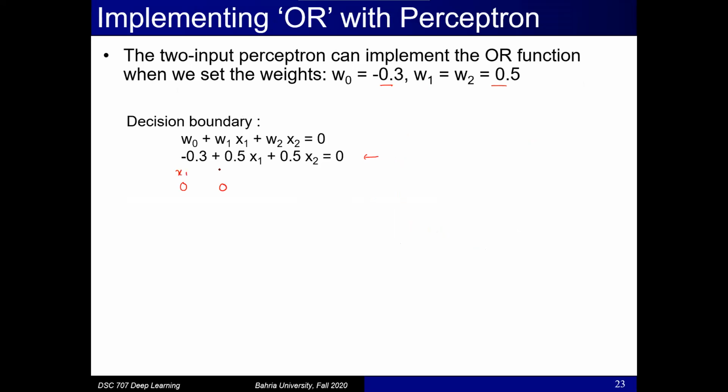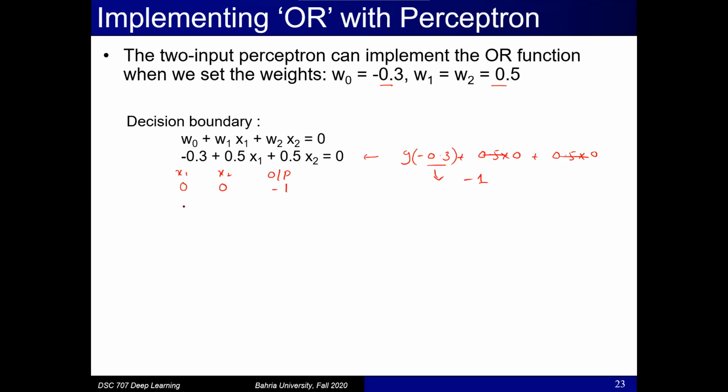So if you plug in x1 and x2 in this expression, what will happen? It will be -0.3 plus 0.5 into 0 plus 0.5 into 0. So this will become 0, this will become 0, you are left with -0.3. If you apply activation function on this, since it's a negative value, it will give you -1. So the output is -1.